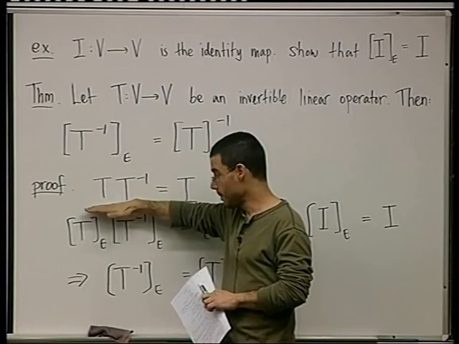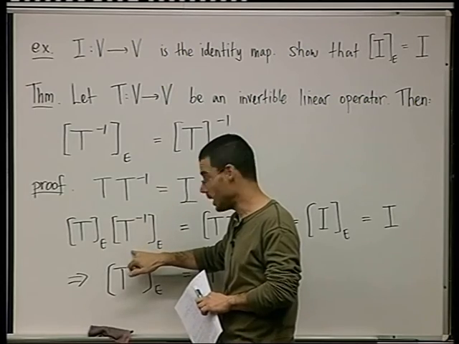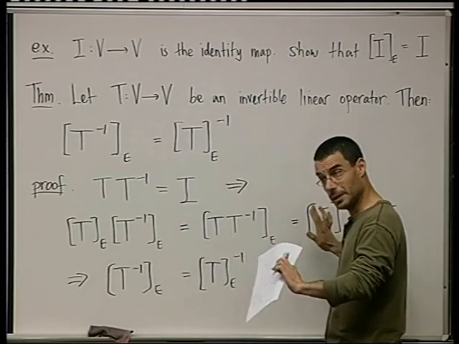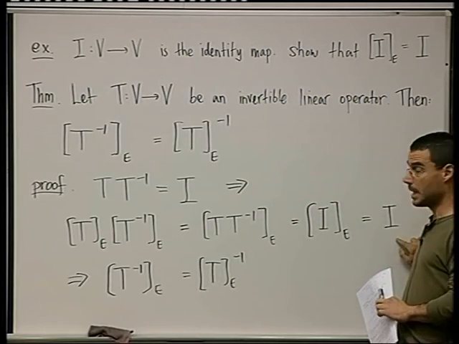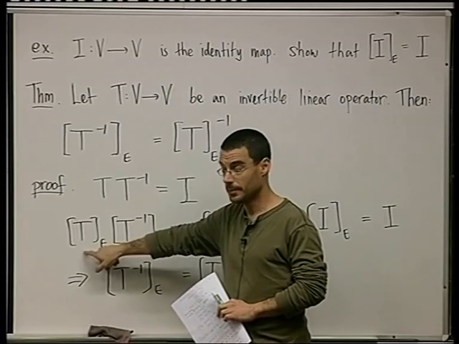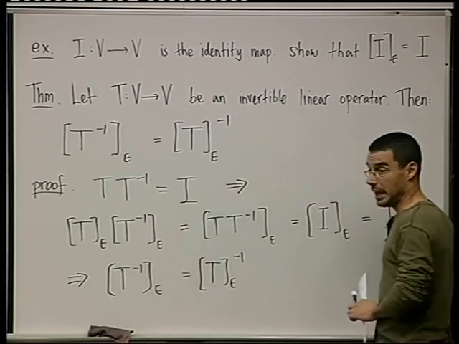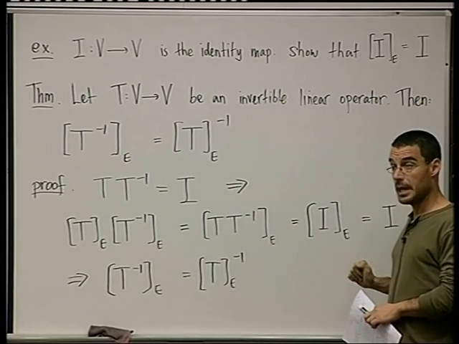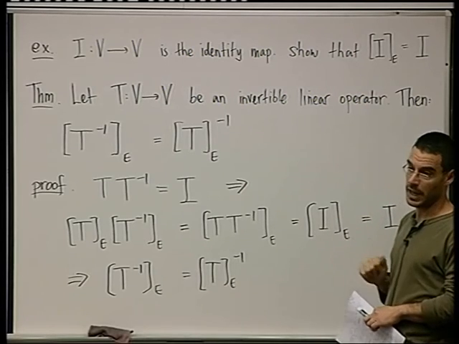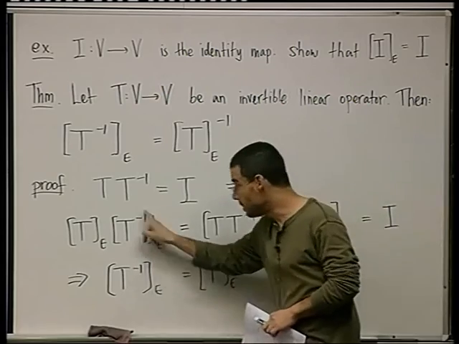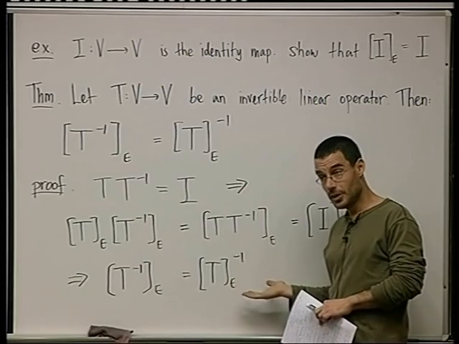Do you agree? Okay. So now I took the matrix and the matrix, and in between there were some arguments. You believe those. And now I got to a statement about matrices. This matrix, call it A. This matrix, call it B, equals I. AB equals I. The statement that AB equals I means that B is the inverse of A. And that's what I said, that B is the inverse of A. Good?